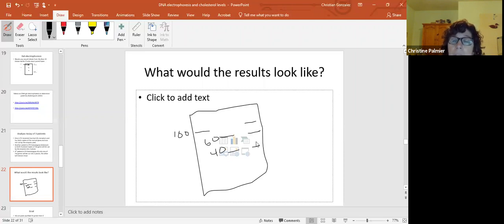Over here, this is the hybrid person or heterozygous person where they have the 100 base pair band for the one gene that can't be cut, which they inherited from one parent. The other parent gave them the one that can be cut by the DNA and encodes the high cholesterol gene, and this would be 60 and 40. Okay, so that's how it would look. Hopefully yours won't look as crooked as mine.